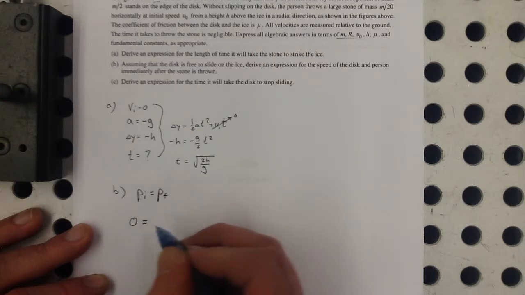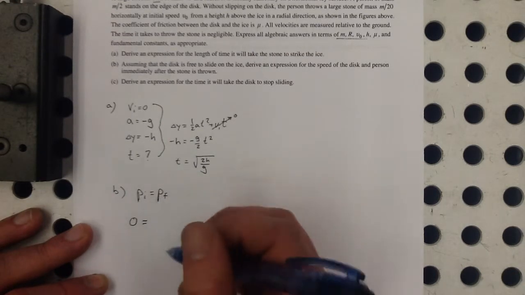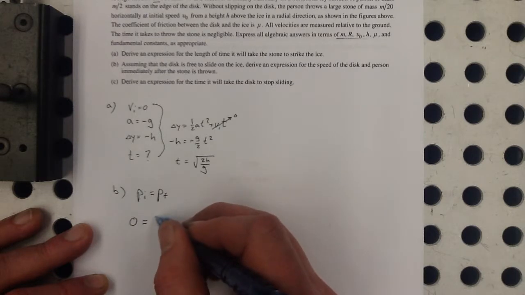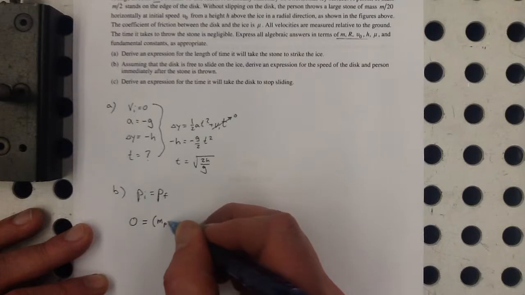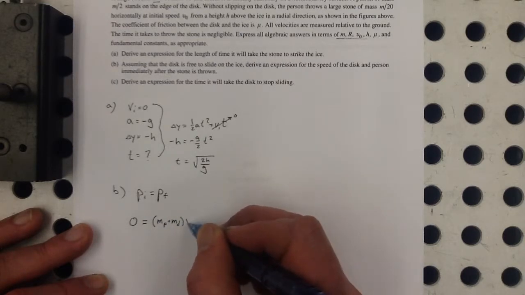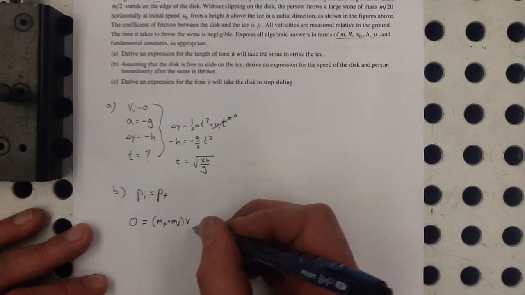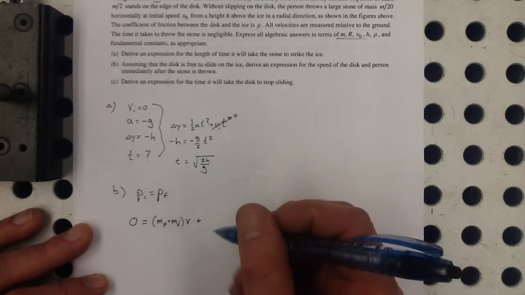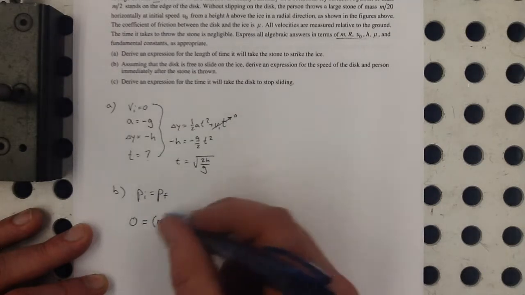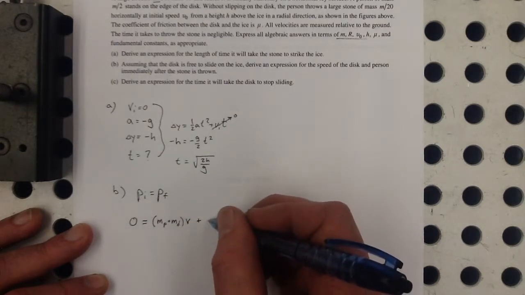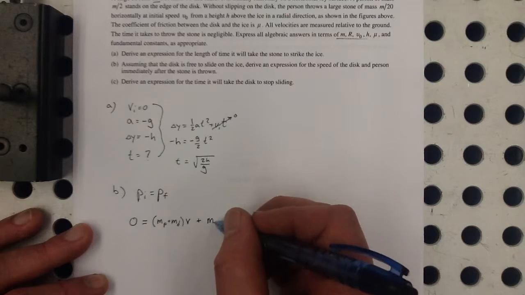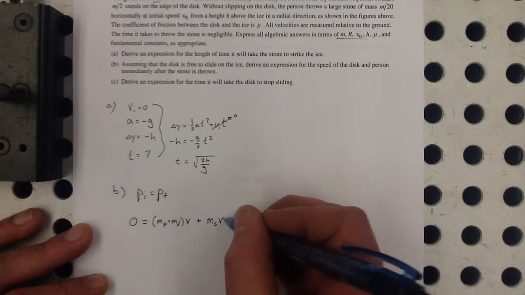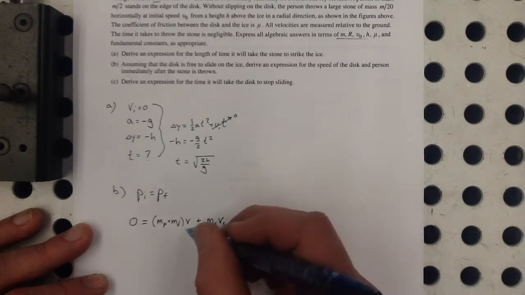And then after, the mass of the person plus the mass of the disk times their velocity, that would be their momentum, and then the stone, mass of the stone times the velocity of the stone.